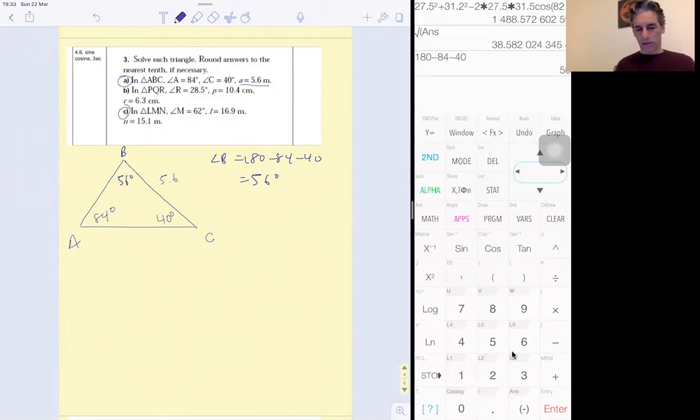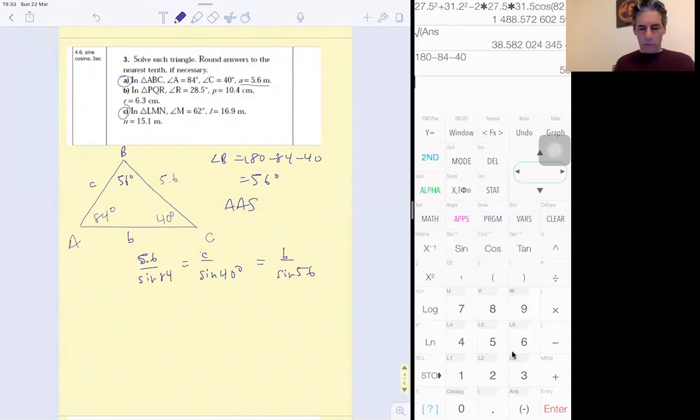And then we've got a side length and a bunch of angles. This is a sine rule question. So 5.6 over sine 84 is equal to little side C over sine 40, and then we would have little side B over sine 56.